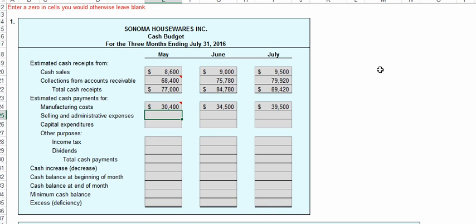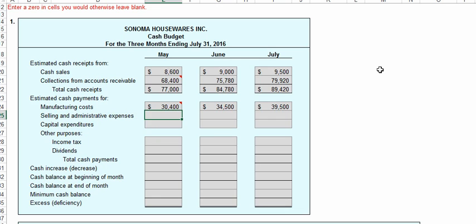Selling and administrative expenses. They tell us about those if you come up 1, 2, 3, 4 rows from the bottom of the second paragraph. They tell us all selling and administrative expenses are paid in cash in the period they are incurred.